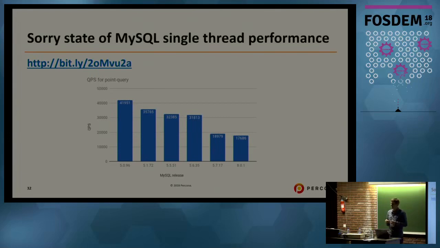So I think that is something we would like to see reversed. And it doesn't have to be this way. There is another database called SQLite, which is able to both add new features in new releases as well as have single thread performance being better release after release.